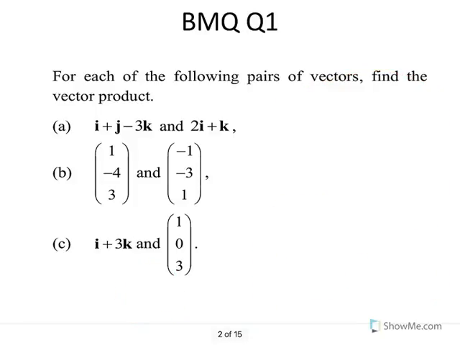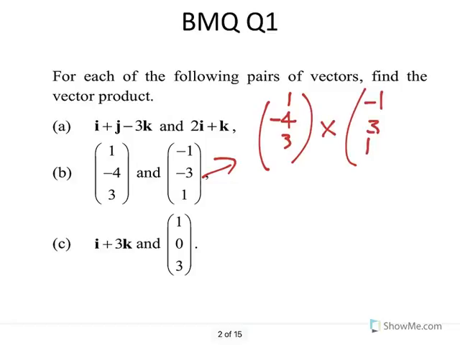How about part B? Part B is 1, negative 4, 3, vector product with negative 1, 3, 1. For the first entry, negative 4 times 1 is negative 4, subtracting 3 times 3, which is 9.